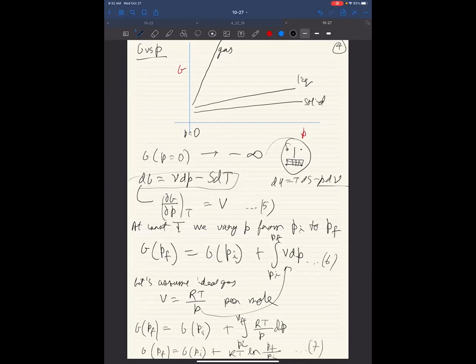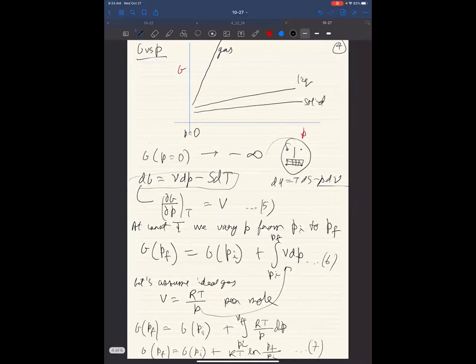Let's call this equation number 7. I will write equation number 7 on the next page again because it's so important. So we just showed in equation 7 that G of Pf is equal to G of Pi plus RT ln Pf by Pi. If you missed something from the last page, you can look at it now.